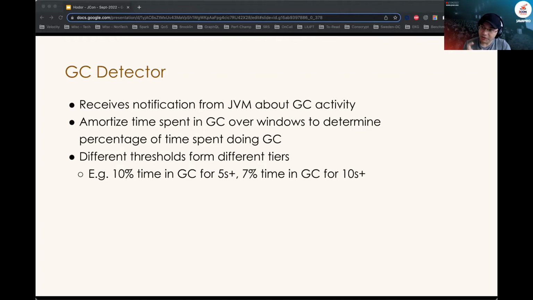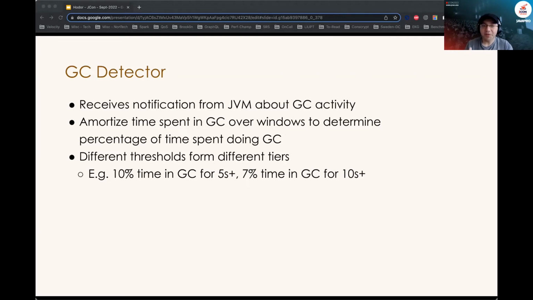Additionally, the GC overhead percentage is divided into multiple tiers. And if the duration spent in GC exceeds the violation period for that particular tier, we fire an overload. Now, of course, as you can imagine, the violation period is smaller for higher GC overhead tiers, as a higher GC overhead tier indicates more severe GC activity.